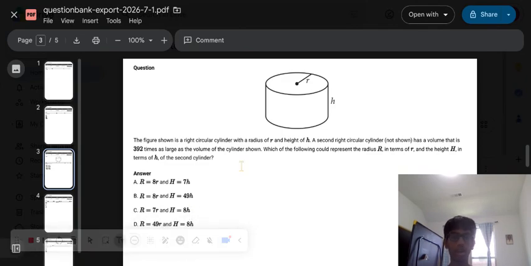So again, our volume of a cylinder is pi r squared h, right?